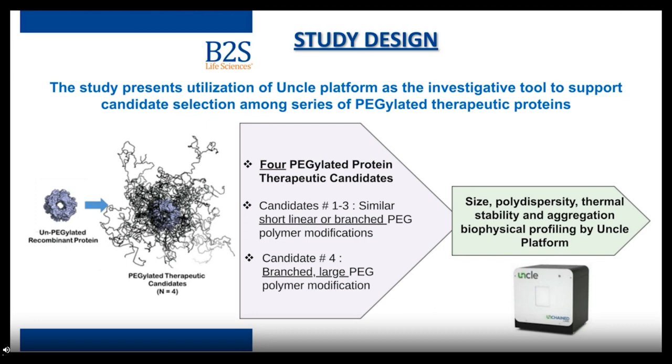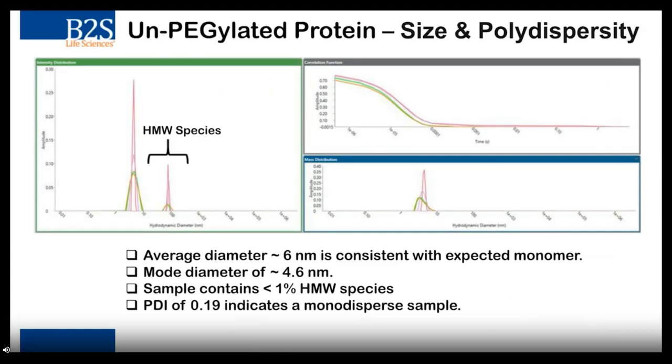They are referred to as candidates 1 through 4 for the pegylated enzymes, and candidates 1 through 3 have similar short chain PEG modifications, where candidate 4 has a much larger branched PEG chain. So that distinction will be important throughout this case study. And as with the previous case study, we used the DLS and TM applications of the UNCLE.